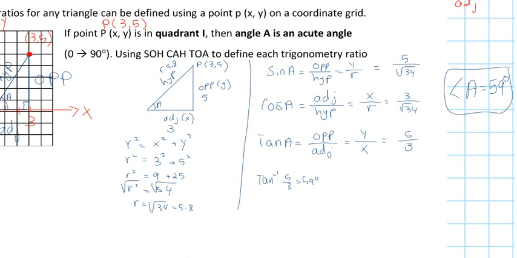In the first quadrant, is x positive? Positive over positive is going to give me positive. In the first quadrant, are y and x positive? Positive over positive is going to give me positive. So you see why all of them are positive. Okay? All right. So, any questions about this?